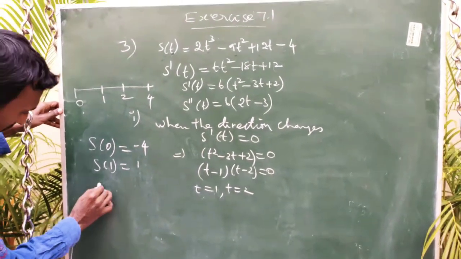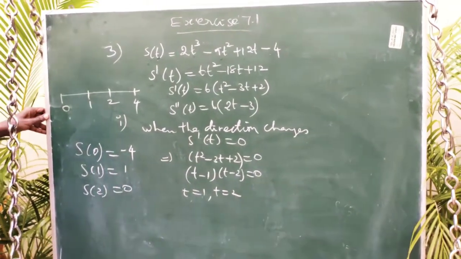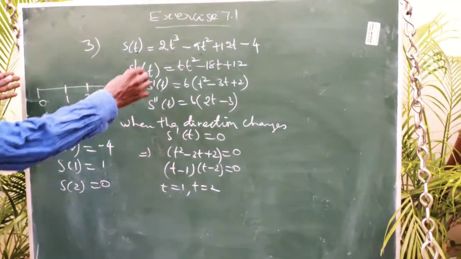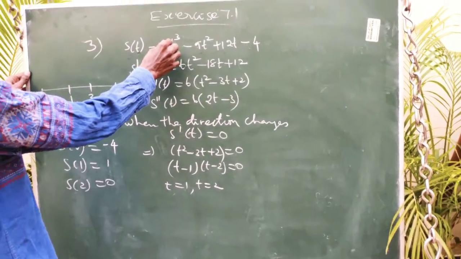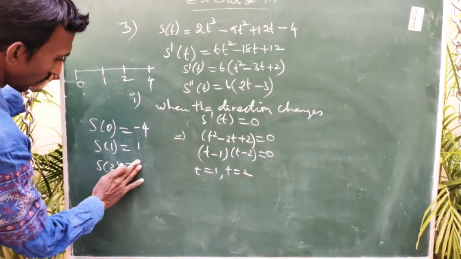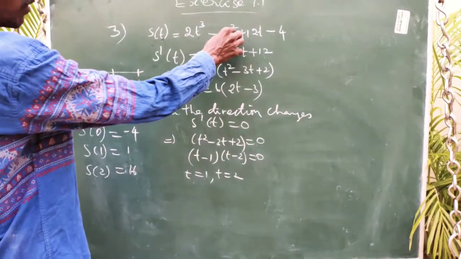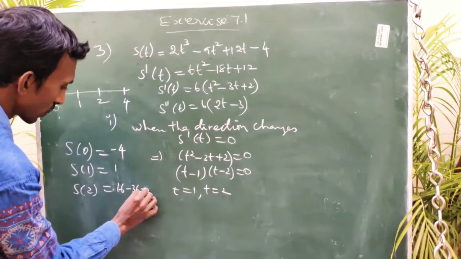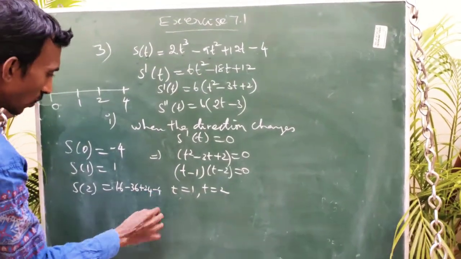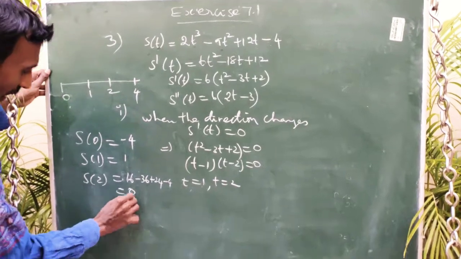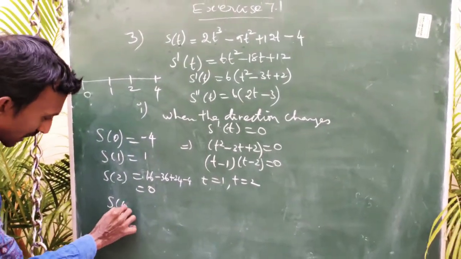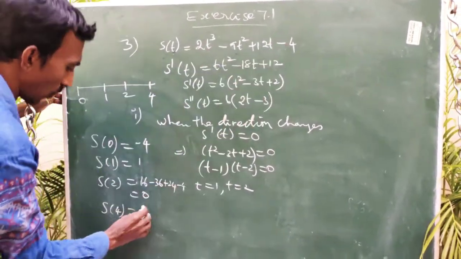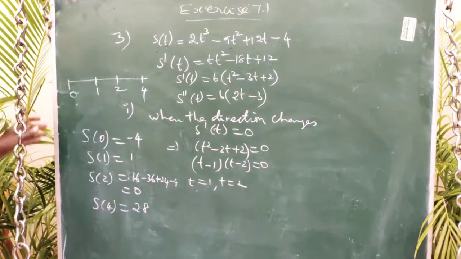And s of 2: put t equal to 2. 8 into 2, 16, so 16 minus 36 plus 24 minus 4. 40 minus 40 gives 0. Similarly, find s of 4. Put t equal to 4, and we get s of 4 equal to 28.